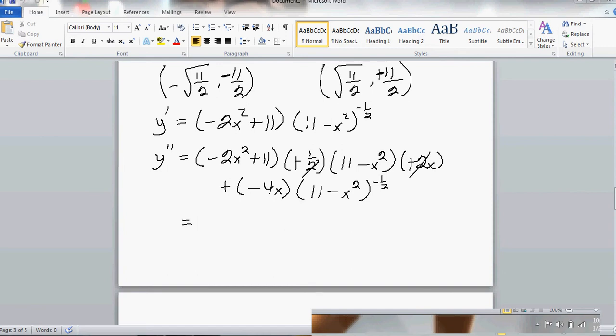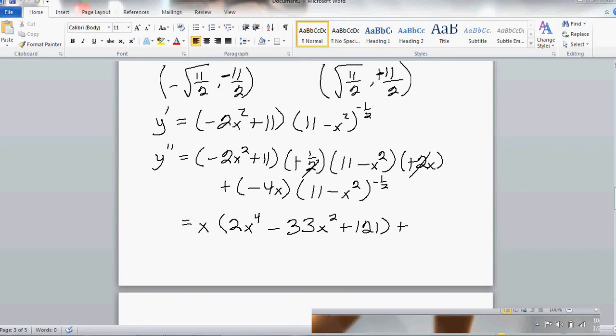So what this ends up being is x times these two multiplied together. So I'm going to go ahead and multiply those together, which is going to require a FOILing. So I get a positive 2x to the 4th, negative 11x squared and a negative 22 would make negative 33x squared plus 121.